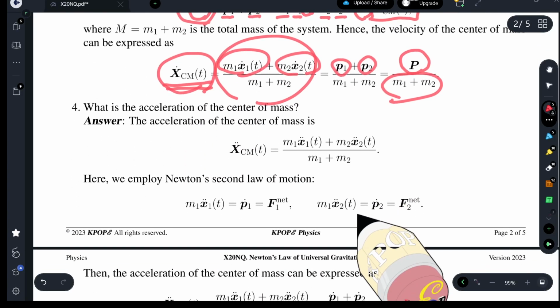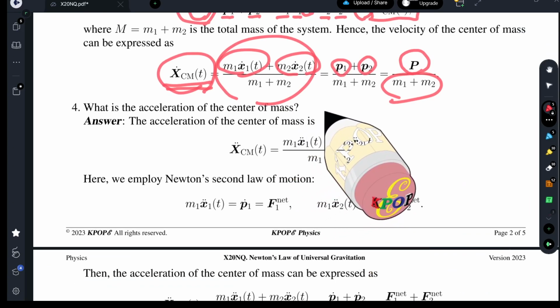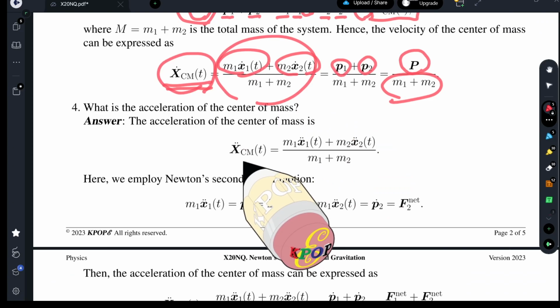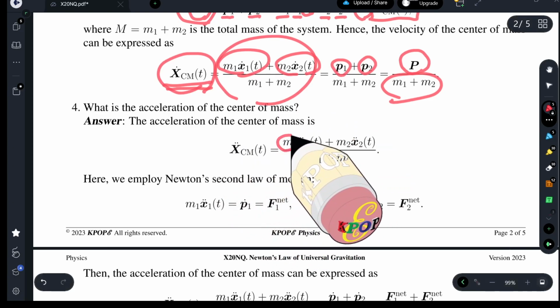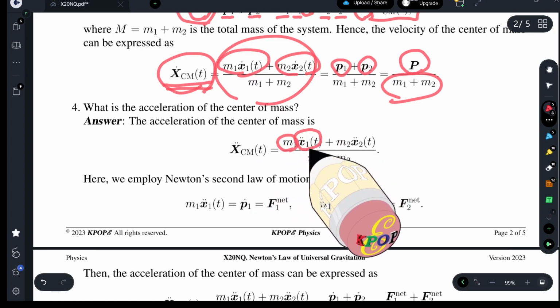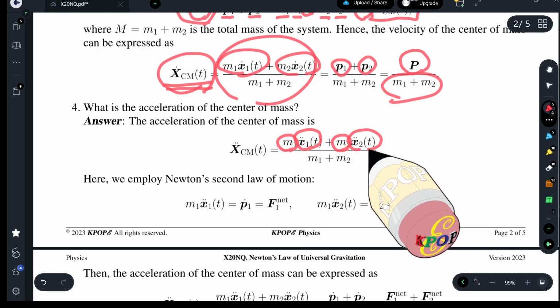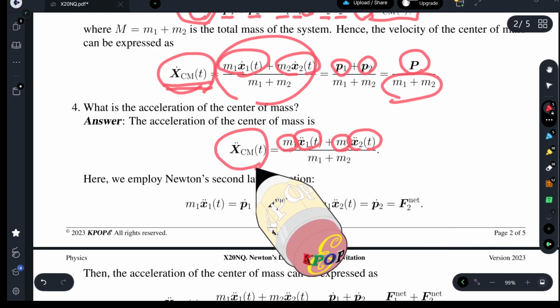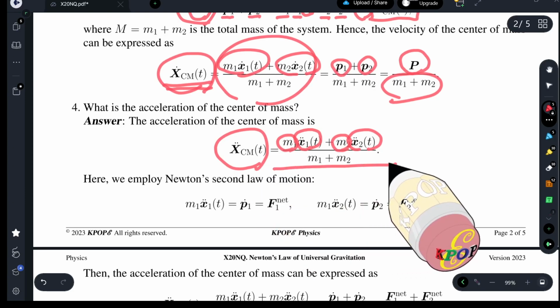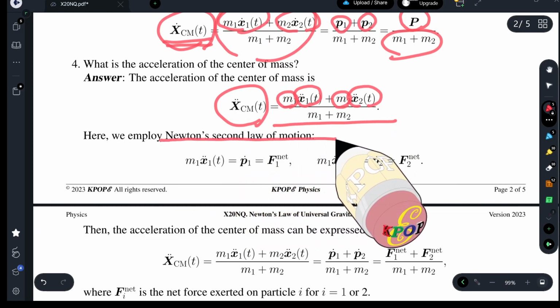What is the acceleration of the center of mass? For the acceleration of the center of mass, I can take another time derivative. That means we have mass times acceleration of the first particle, mass times acceleration of the second particle. So the acceleration of the center of mass can be expressed like that. By the way, we can apply Newton's second law of motion.